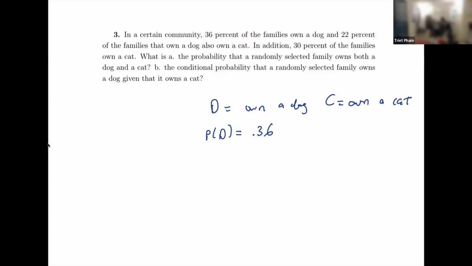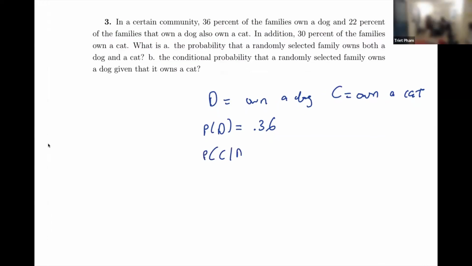Yeah, I would agree. 22, that's P of C given D. Do we agree? So if you know they own a dog, then they will own a cat with the probability 0.22. And then P of C is 0.3.